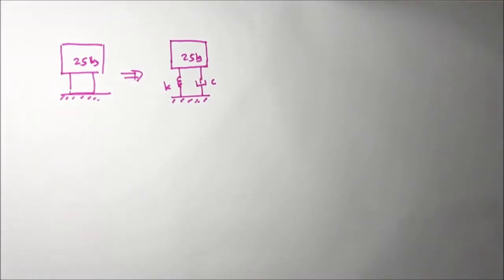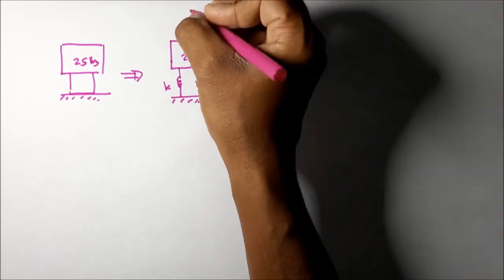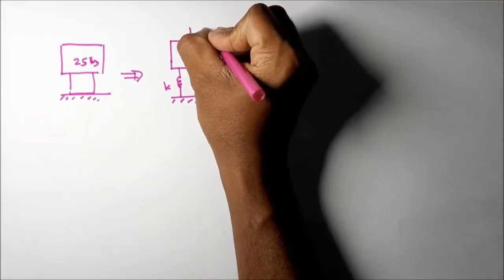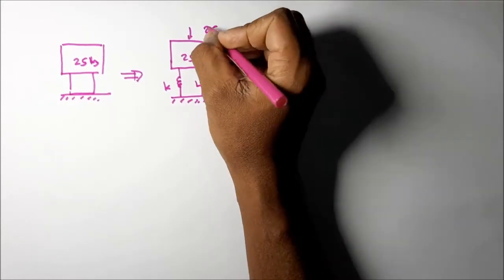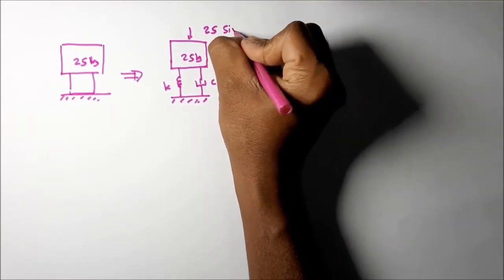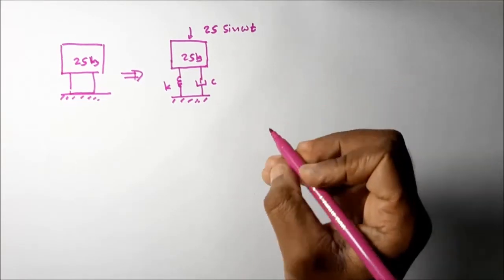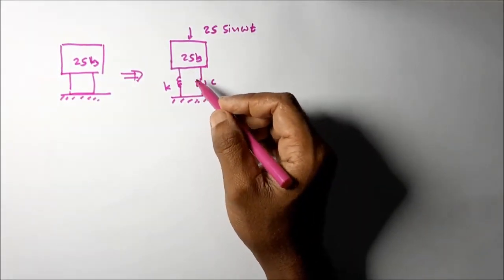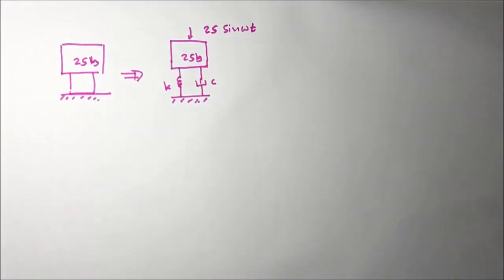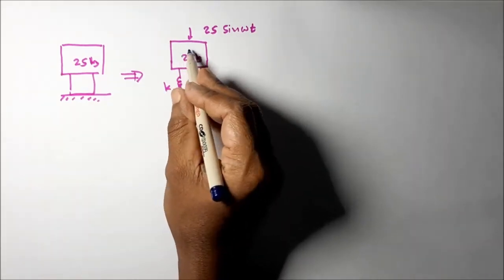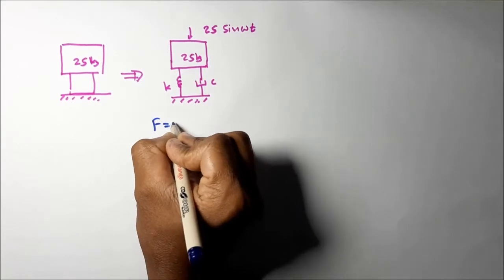Then the forcing function, the sinusoidal force of magnitude 25 sin omega t, is the excitation force applied on the 25 kilogram mass.